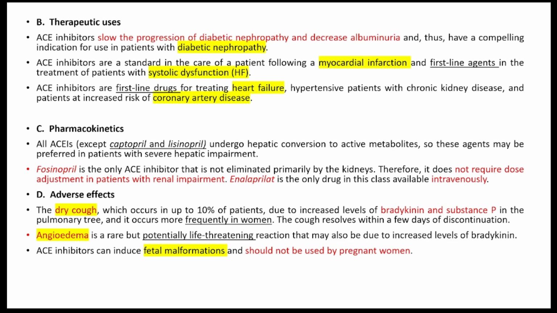Okay, therapeutic uses. I like what we have here. The ACE inhibitor is considered a drug of choice for patients with hypertension plus diabetes, and the main reason they found is slow progression of diabetic nephropathy and decreased albuminuria. So this medication could be an attractive therapy for patients with hypertension and diabetes.